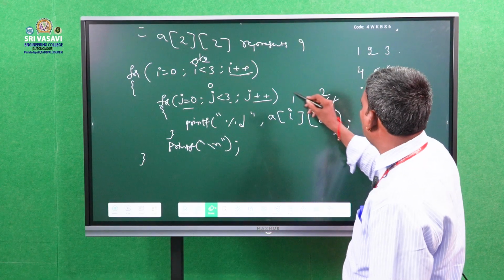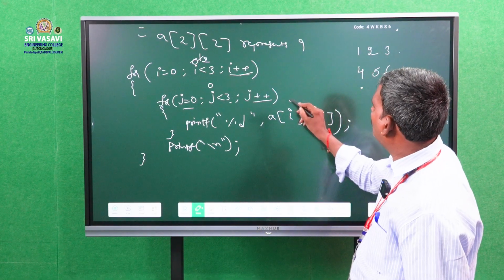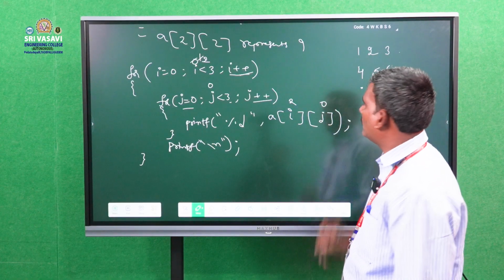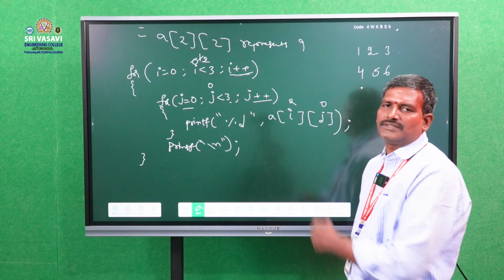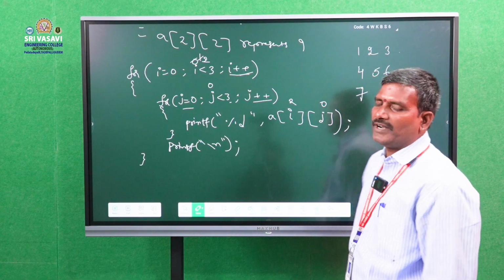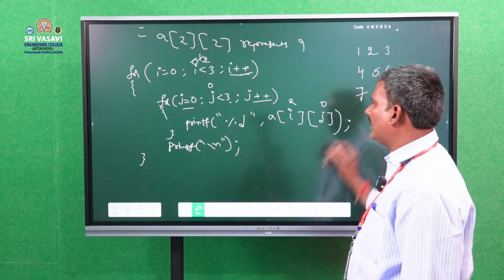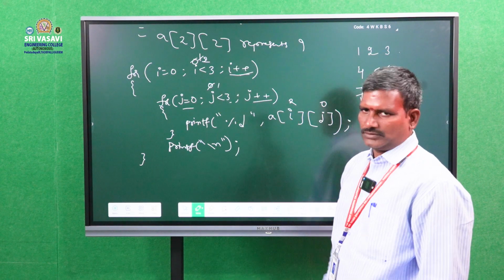Now I value is 2, J value is 0, means second row 0th column is executed, means value number 7 is displayed on the output screen. And then J++ is executed, after that J becomes 1.